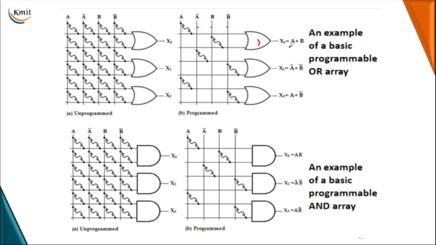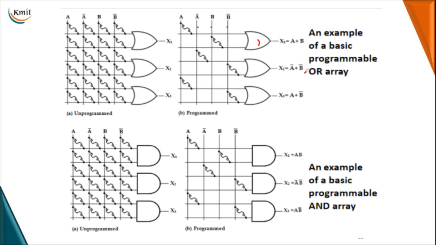With that, we can obtain the required summation of the given two variables, A or B. Next, x2 will give you the summation of the complementary variables A bar and B bar. On the first input line, we will not touch the A bar fusible link, but we will blow the fuses of A, B and B bar.